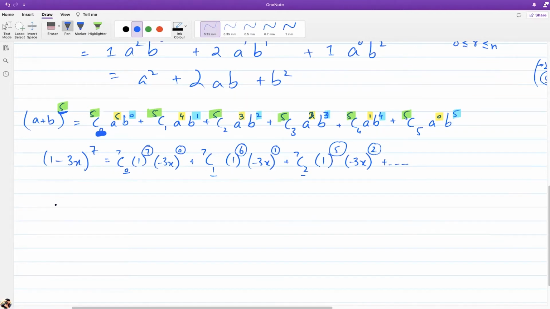They can give you a question like x to the power 7 minus 3 over x, whole power 3. And they say, okay, expand this. So no problem.